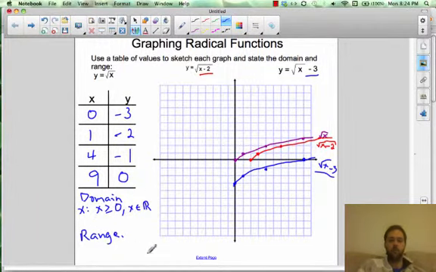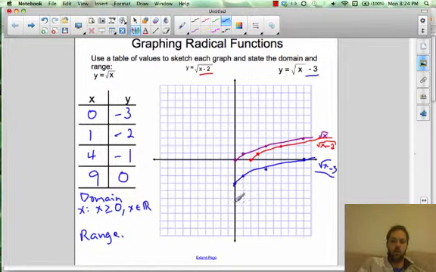That's done. Now the range. The range, we are actually ending up with some negative y values. But no matter what we choose, since we're not allowed to go lower than 0 for x, we will never fall lower than negative 3 for y. So if this thing continues on forever, it will never go below this point right here.